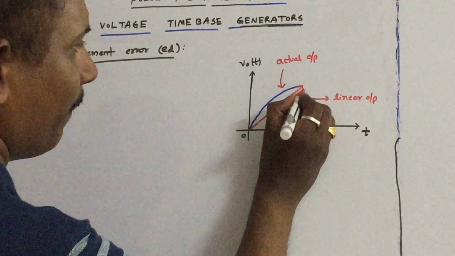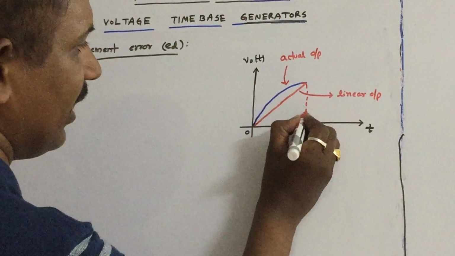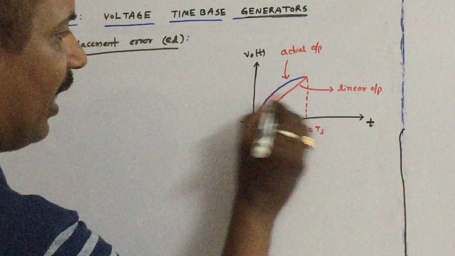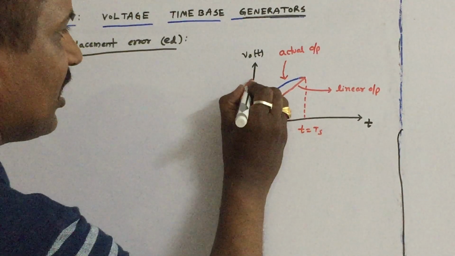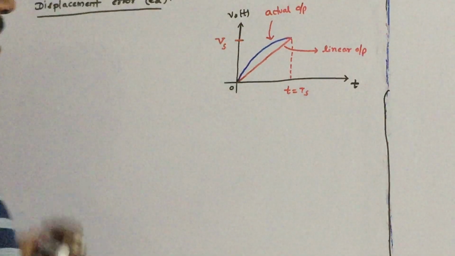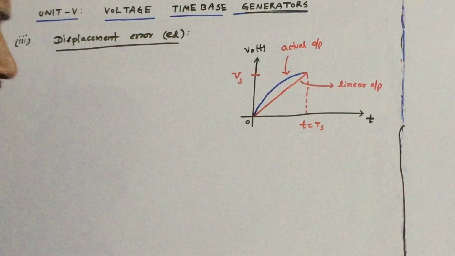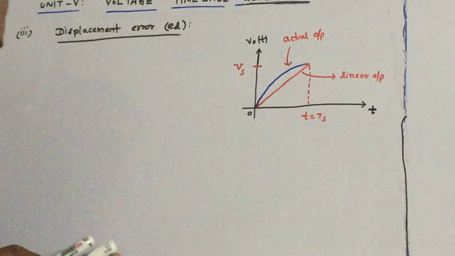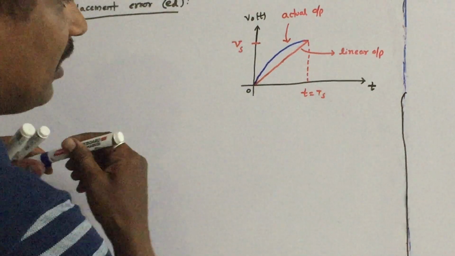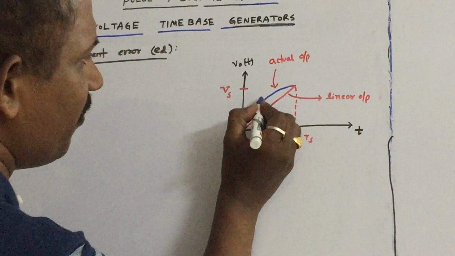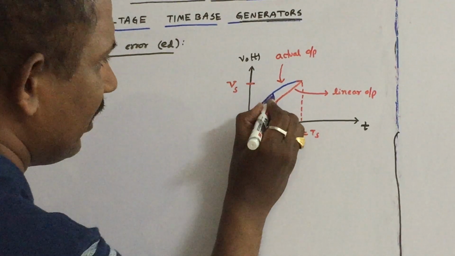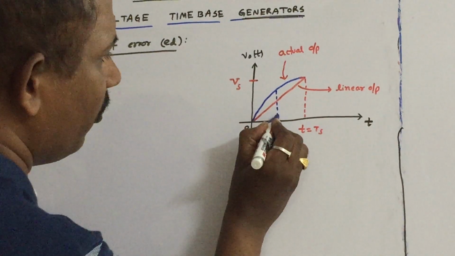Let us say t is equal to ts, the sweep time. At the end of the sweep, let us say the sweep amplitude is Vs. So what is this displacement error? You can see that the maximum deviation between the actual sweep and the linear sweep occurs at t is equal to ts by 2.